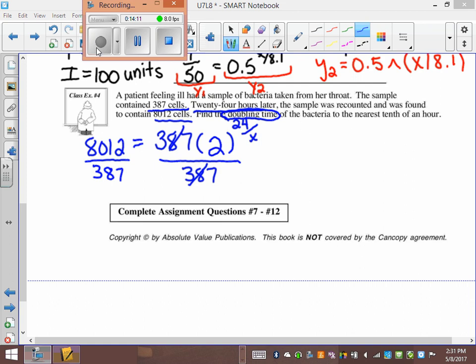Like I told you, if this turns out to be a crazy decimal, 8,012 and 387, you can just type it in as 8,012 divided by 387, the whole thing right into your Y1. Do not put a rounded decimal in there. That's bad. All right, so in Y2, you're going to fill in the other one. 2 to the exponent, 24 divided by x.